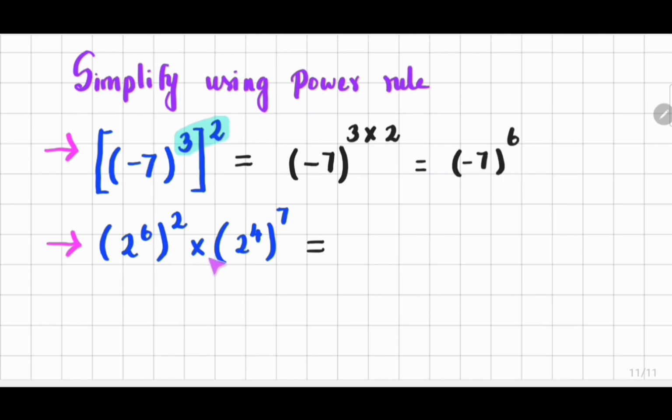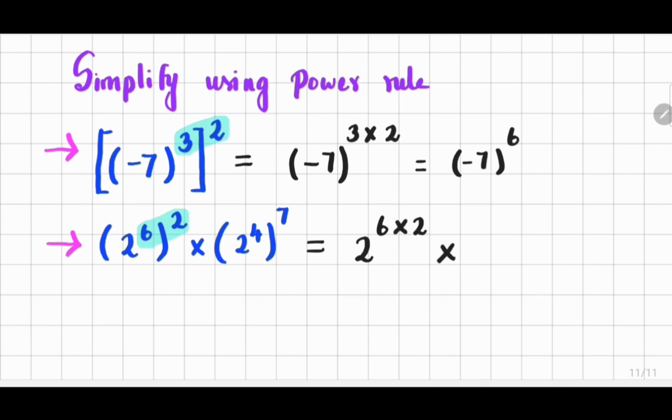Now let's look at this one. 2 power 6 the whole squared multiplied by 2 power 4 the whole power 7. The power rule says that we do the exponent at the top first. We can multiply them. By doing so, 2 power 6 times 2.